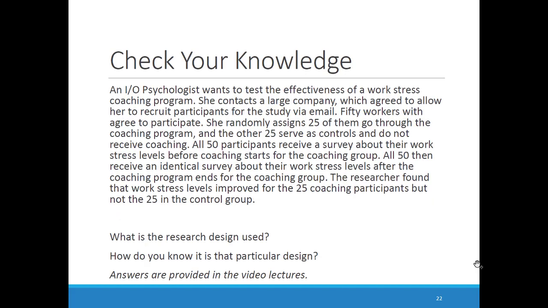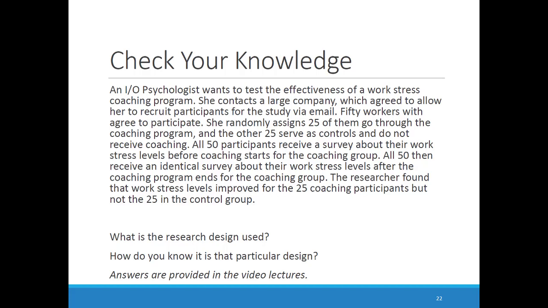All right, so as we wrap up this video, we're going to check your knowledge. And to check your knowledge, I'm giving you two different scenarios and asking you about the research design that is in the scenario. So take a moment to read this scenario here and pause the video if you need to. So what is the research design that is used in this case?